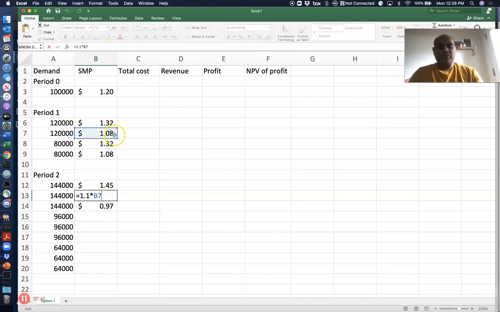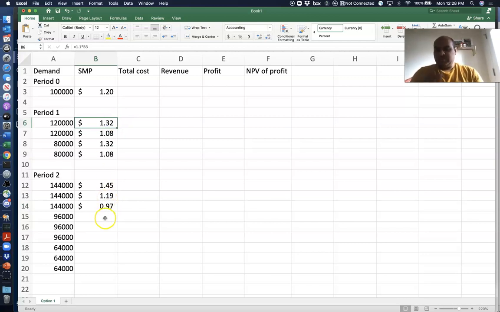It goes up by 10% from here or goes down by 10% from here. It'll end up with the same number here. So I'm going to do this again. It'll be a 10% increase, 10% decrease, and 10% decrease from here. It's the same three numbers that are repeated.